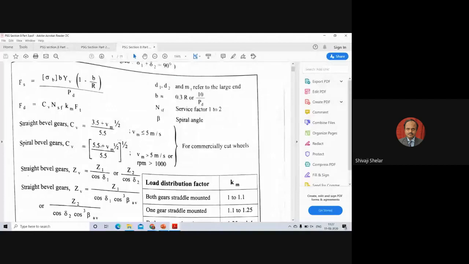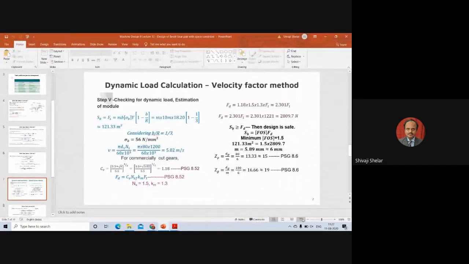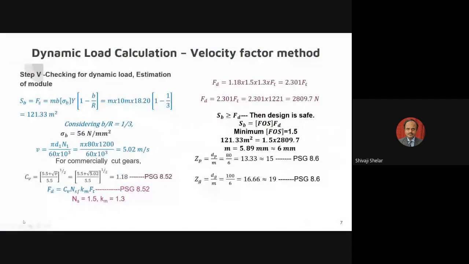I am using this formula because my RPM is greater than 1000 RPM, and my velocity after calculation is also approximately greater than 5 meter per second, though we don't know exactly whether it will be 5 meter per second or greater. So let's use this formula in the design calculation for velocity.